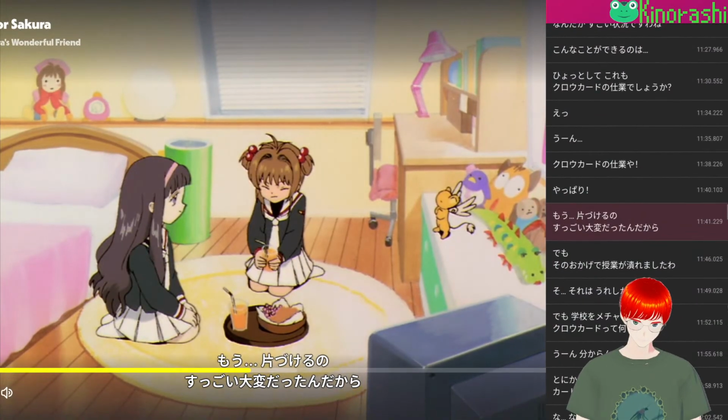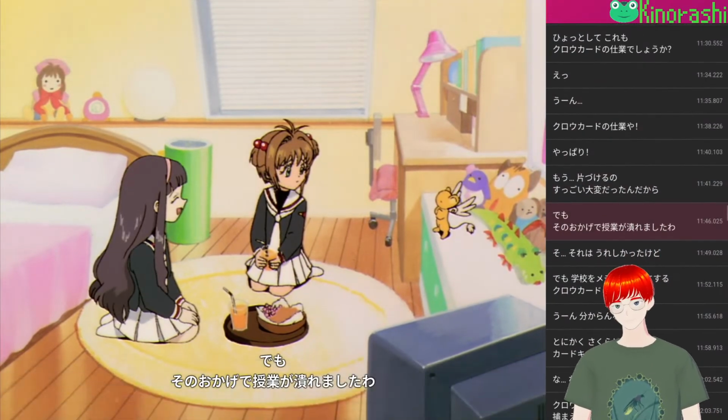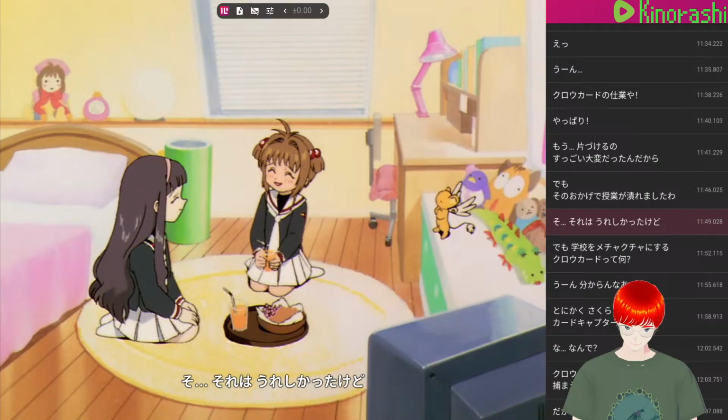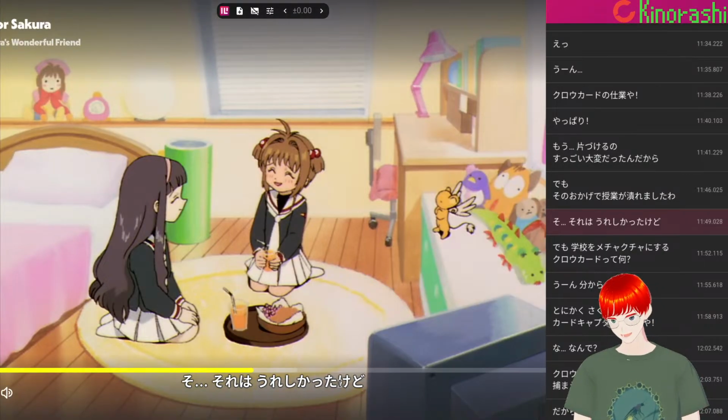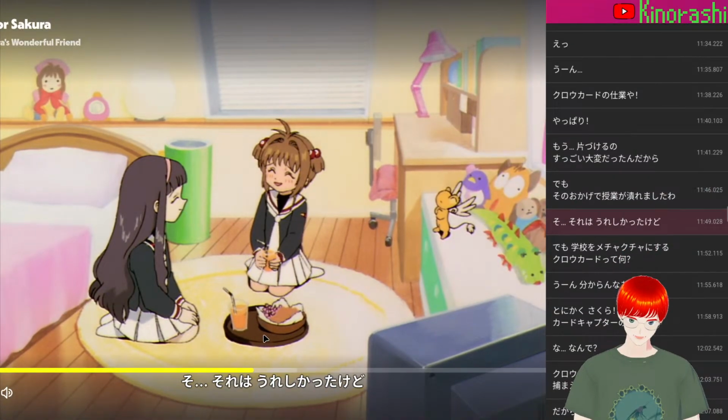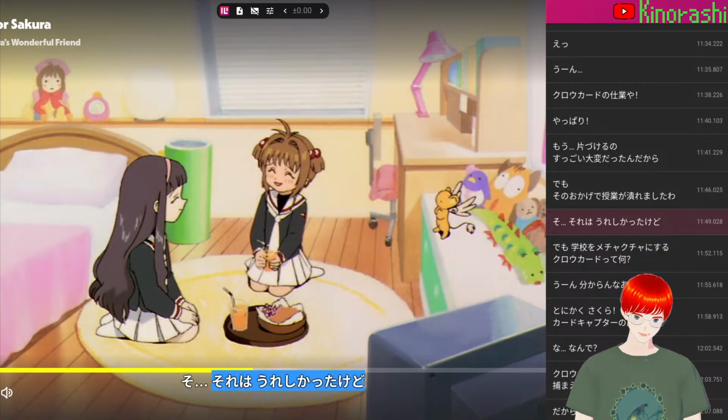それは片付けるのすっごい大変だったんだから。でもそのおかげで授業が潰れましたわ。それは嬉しかったけど, so as that thing being happy. Let's see, how is kedo being used? 嬉しかったけど。So that's like that. As for that thing, was happy. Now is it, and then kedo?